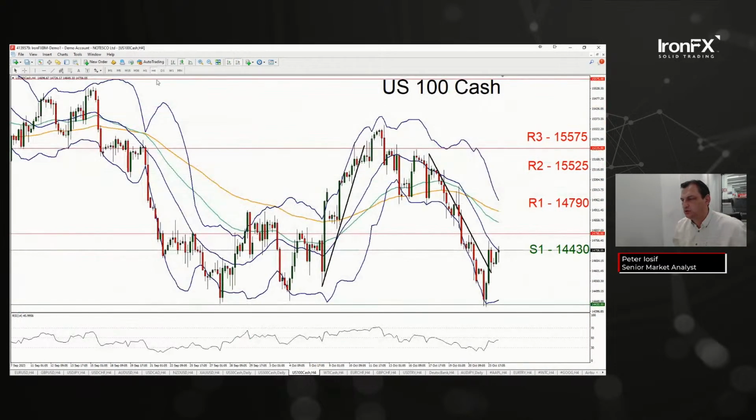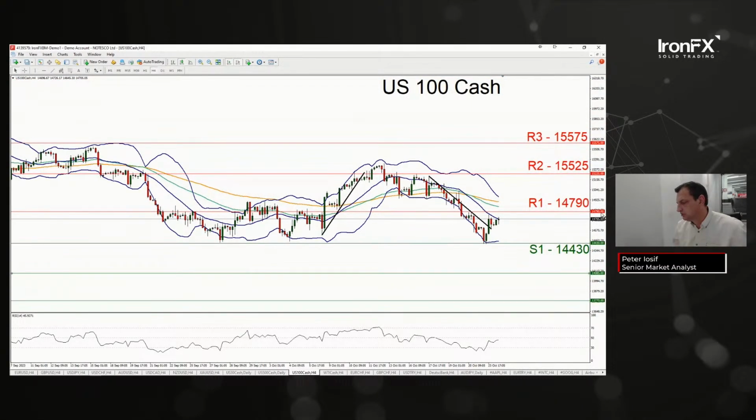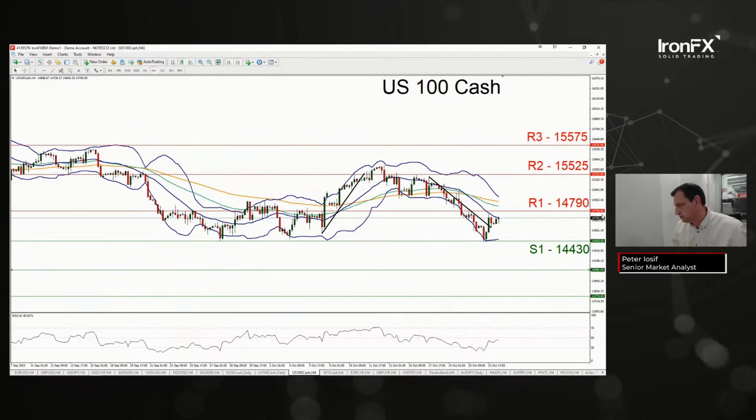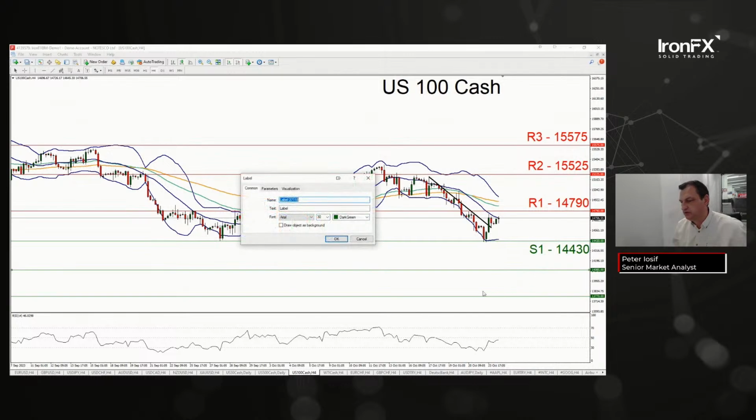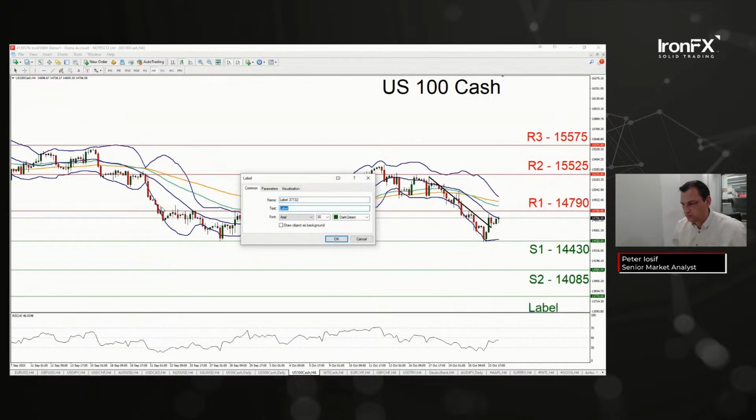Back to the forward chart. Labeling it at 14,485. S3 at 13,770.